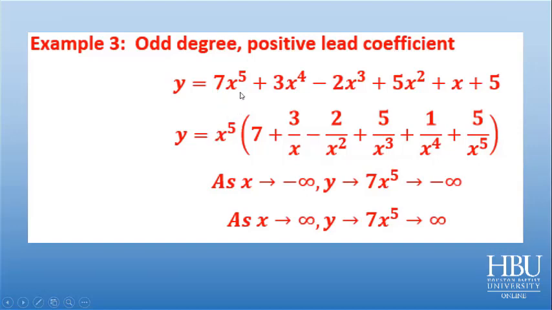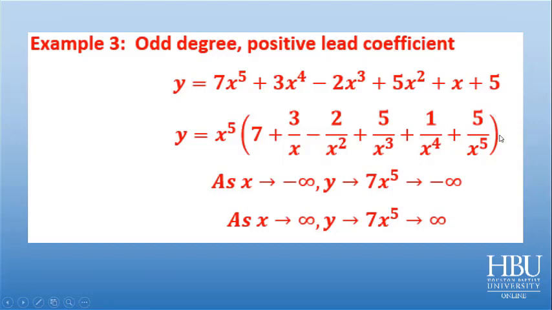Here I factored out x to the 5th, and what remained was 7 plus 3 over x minus 2 over x squared plus 5 over x cubed plus 1 over x to the 4th plus 5 over x to the 5th. If you multiply this out and distribute the x to the 5th, you will see that you get the original polynomial.